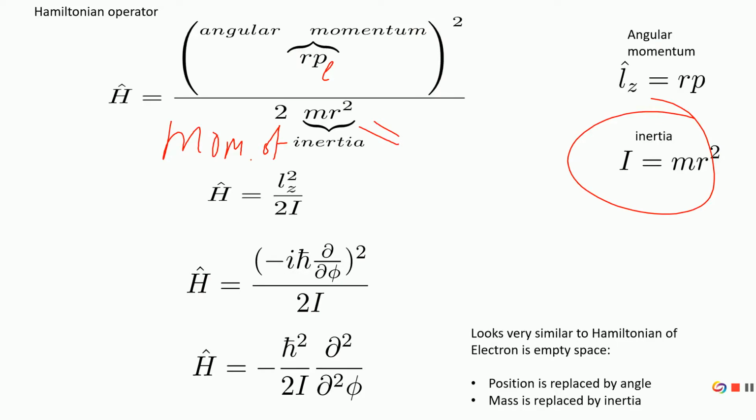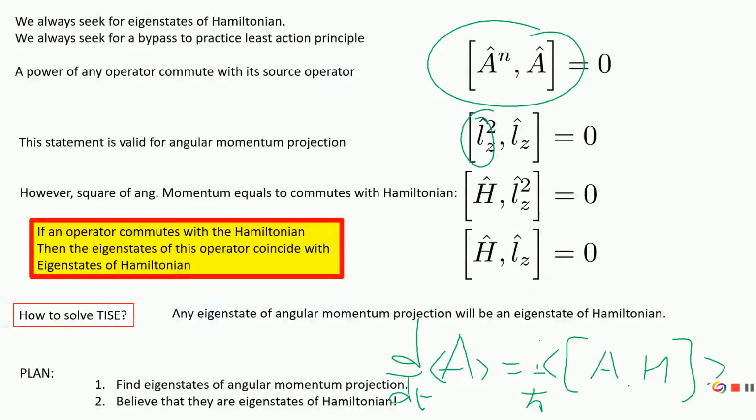Then we did the Hamiltonian, where we started from momentum in the arc length direction, and then did some manipulation by multiplying and dividing by radius, introduced a measure of inertia for rotational motion, and came to the Hamiltonian for rotational motion: second derivative over angle and constant inertia in the denominator.